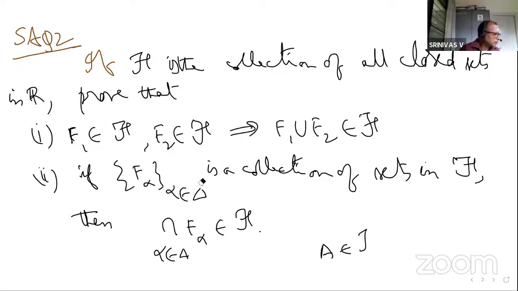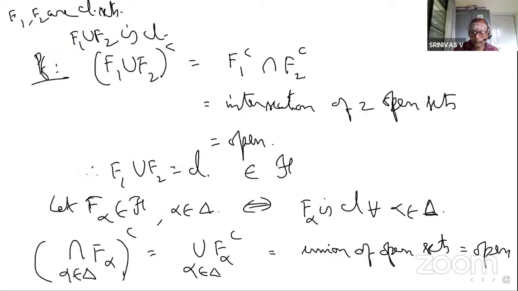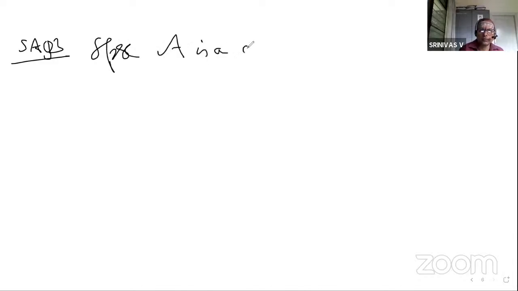Okay, and then I want to do this property. Right, SAQ3. Suppose script A is a collection of sets in X, satisfying the conditions.